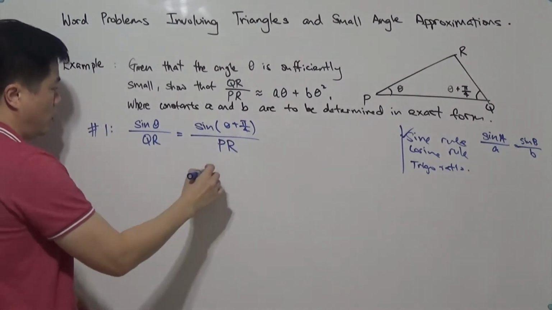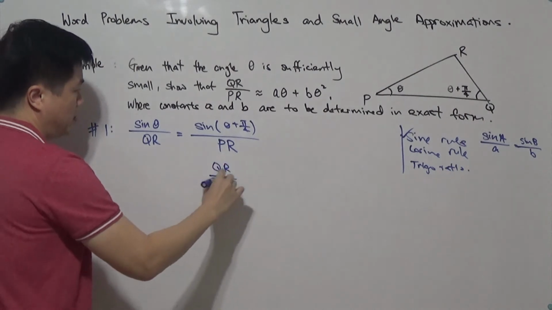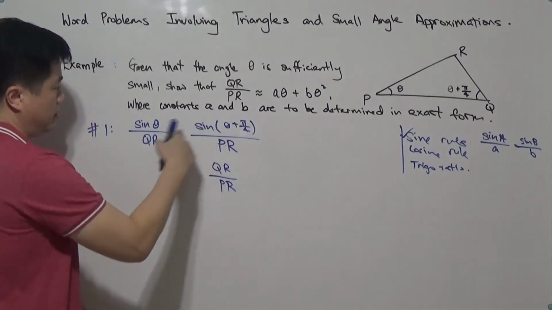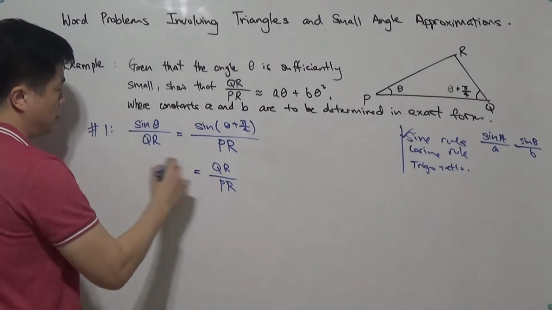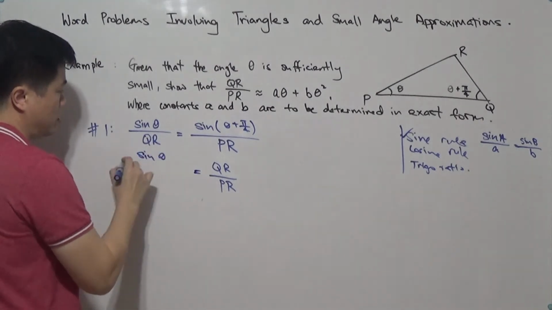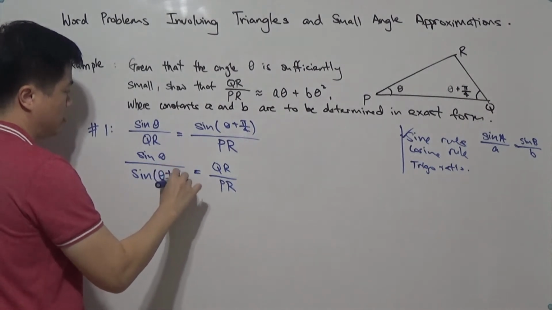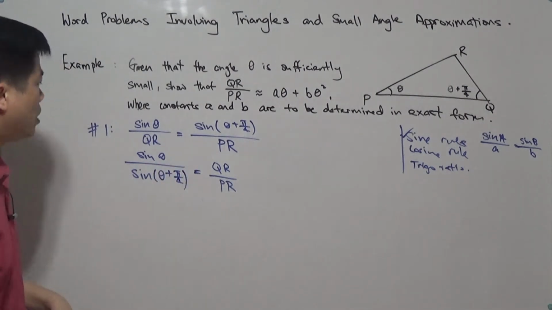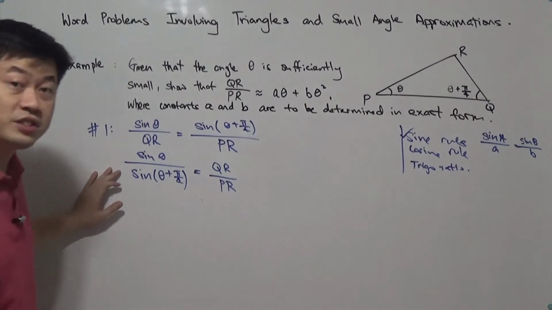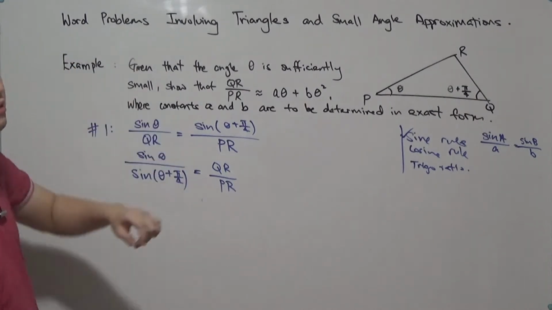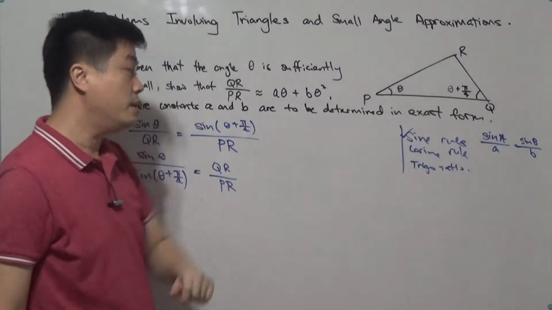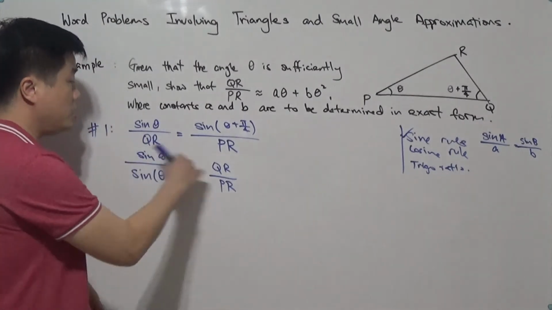So we have QR over PR equals sine theta over sine theta plus pi over 4. Step 1 is pretty much done because we have now formulated a formula using one of these.